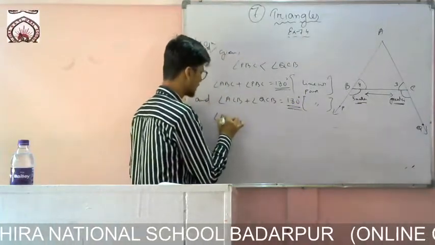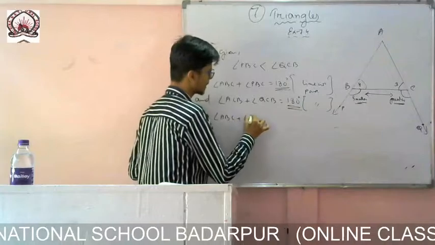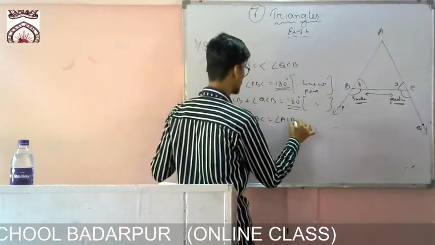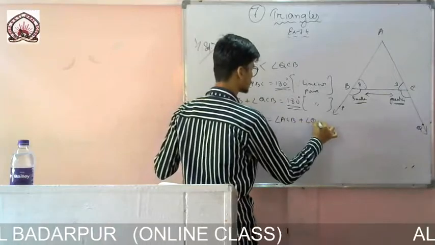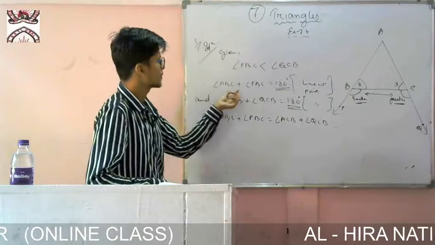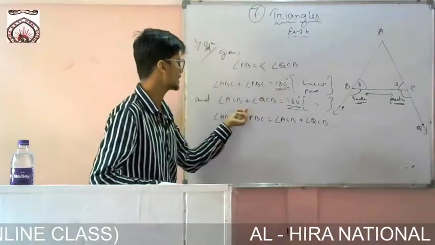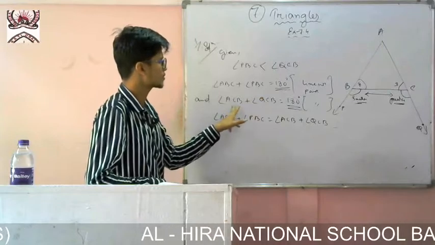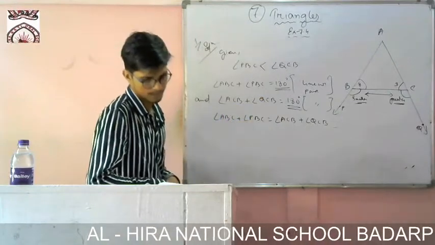Therefore, angle ABC plus angle PBC is equal to angle ACB plus angle QCB. Can I write it? Because this one is equal to 180 and that one is also equal to 180.